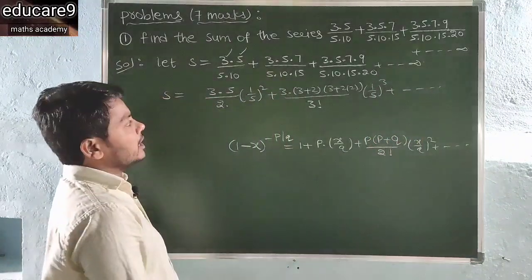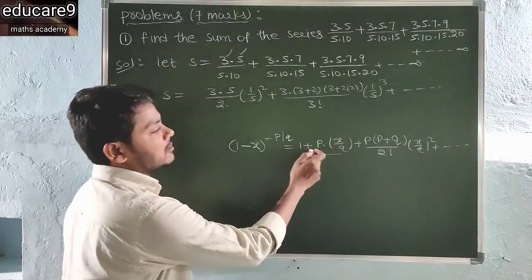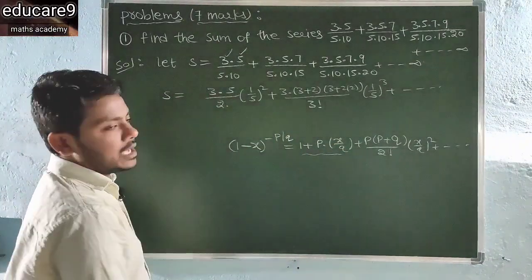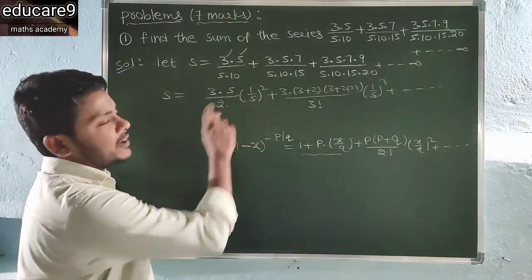So clearly you want the first two terms, that is 1 plus p into x by q. So clearly p is 3 and x by q is 1 by 5.